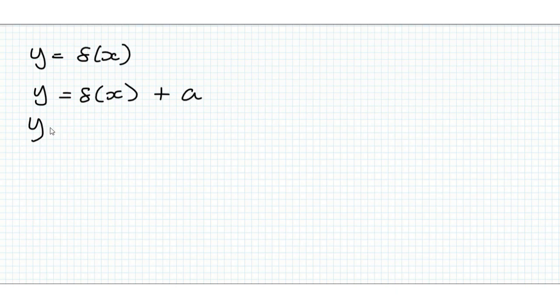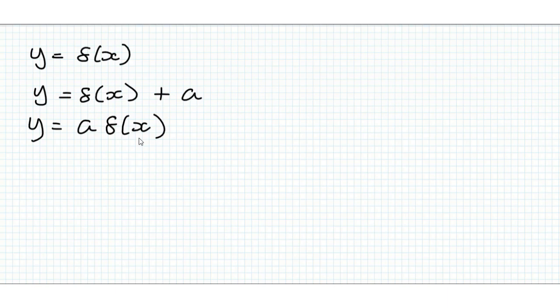Now, if we do y is equal to a times f of x, well, now say we get a value of y for f of x. Well, when we multiply it by a, it's going to scale that value with respect to a. So if a is 3, all our f of x values are going to get 3 times bigger.